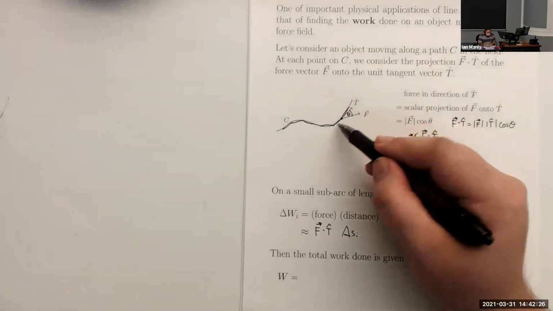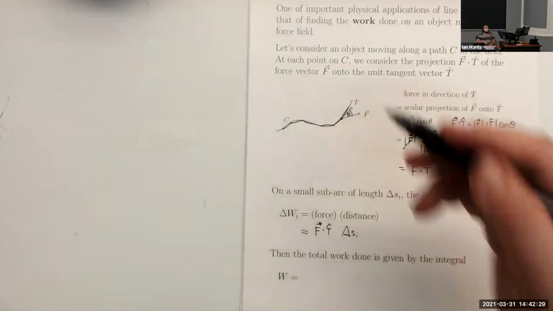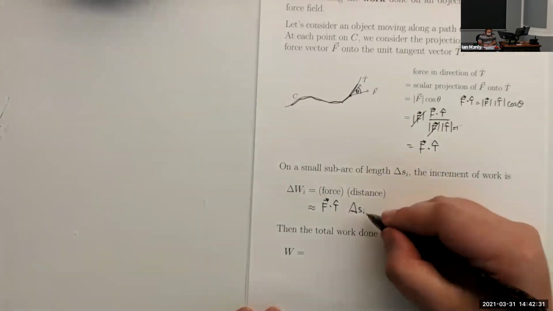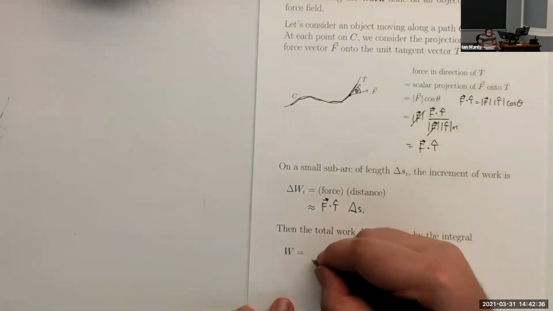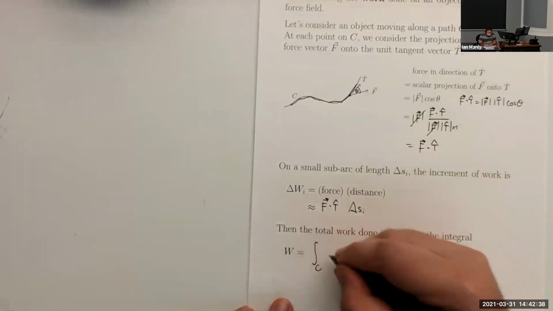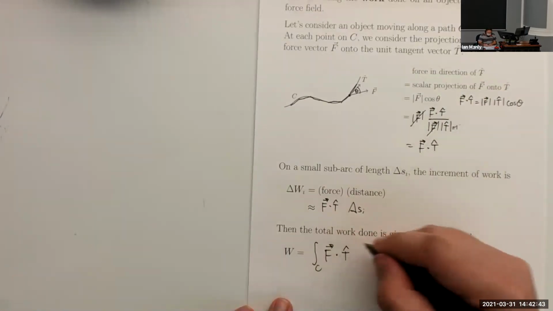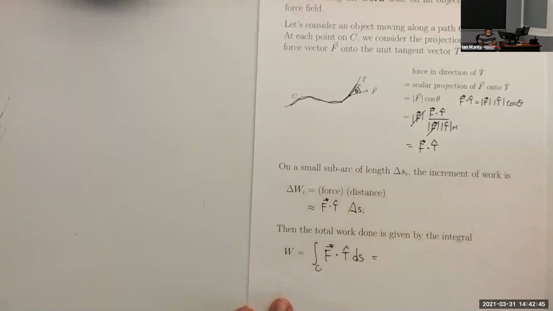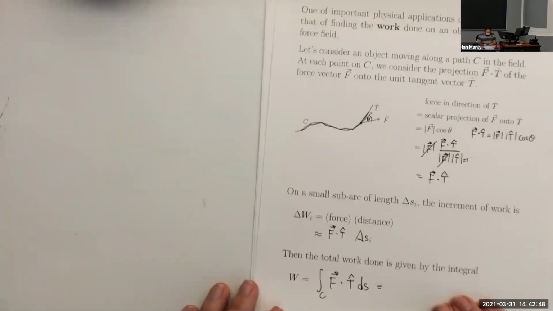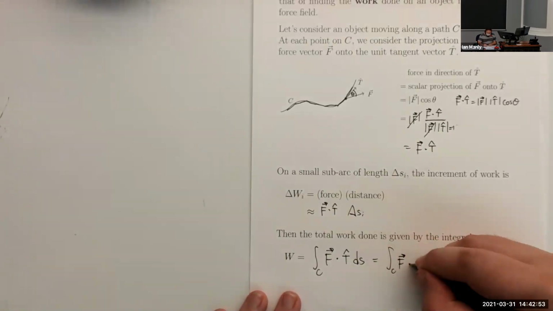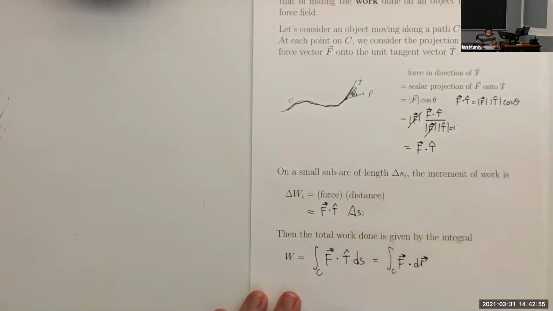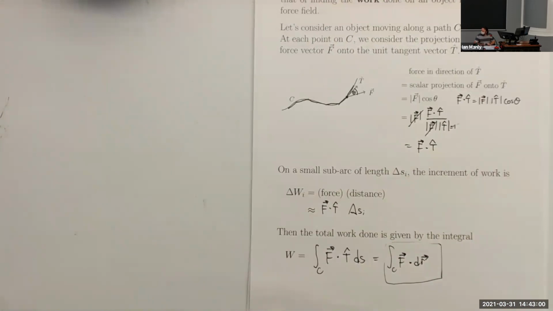When we have more and more of them, they'll follow the curve more closely until ultimately we end up with an integral. So as the size of them goes to 0, our work will turn into the line integral of F dot t hat ds. But a more common way of seeing this in physics is F dot dr, like this.